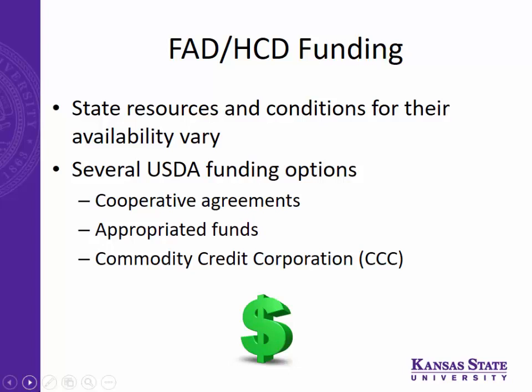Funding mechanisms for FAD HCD response will vary from state to state. Some states may have limited emergency funding, particularly for all hazard response. Most state animal health departments or departments of agriculture operate on tight budgets to perform their day-to-day responsibilities, and thus look to state funding in the case of an emergency.